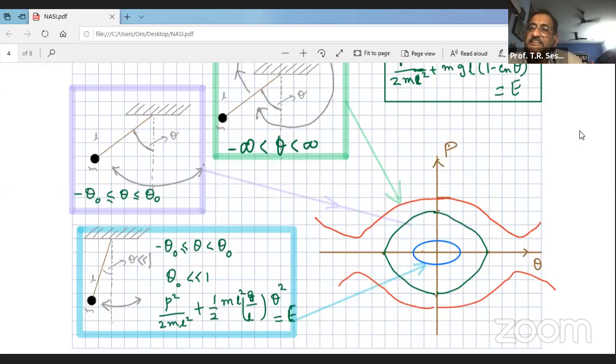Only when it oscillates does theta increase, decrease, and so on. So you are absolutely right, Akshita. It indicates a circular motion of the pendulum about the point of suspension. So this is the structure of the real pendulum. Let us go to the next slide.